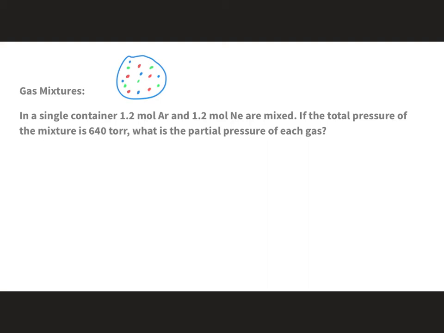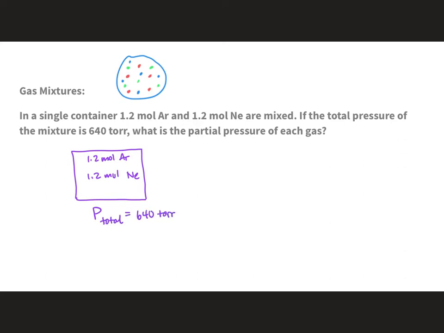So let's look at this particular given situation here. We have a single container, and I'm going to do a little bit of a diagram of this because I think it can be helpful. So I'm going to diagram my single container, and I am going to say I have 1.2 moles of argon, 1.2 moles of neon, and I have a P total in my container of 640 torr.